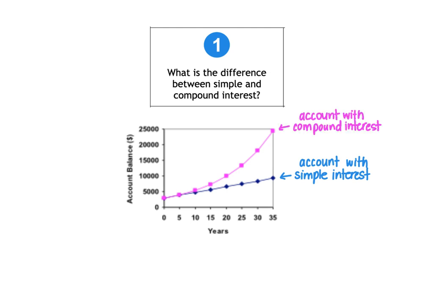Where with compound interest, the amount of money that you're going to get as interest is going to increase more and more each year. This means that your account balance is going to increase in a non-linear way. It's going to increase significantly faster than it would if you were only getting simple interest.